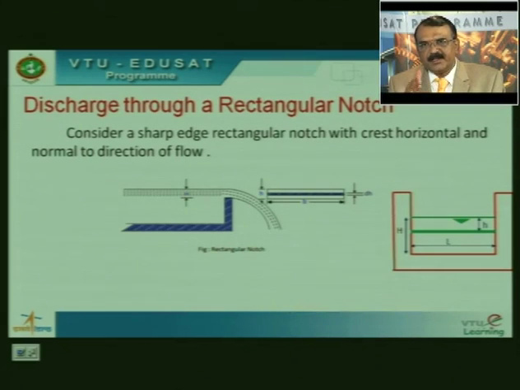Similarly, if I divide the entire depth of water into small strips, find the discharge through each strip, and go on summing up from sill level to the maximum value of H, I am going to get the discharge for the entire rectangular section over the entire depth of flow capital H. That is what we are going to do in the next step.